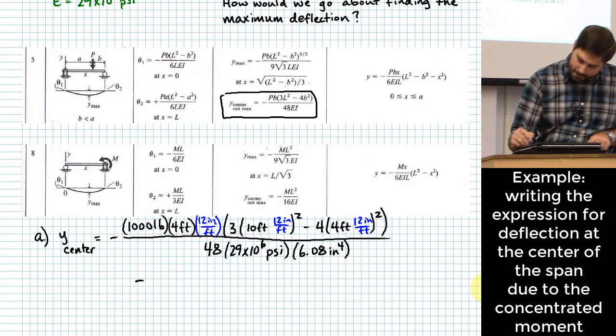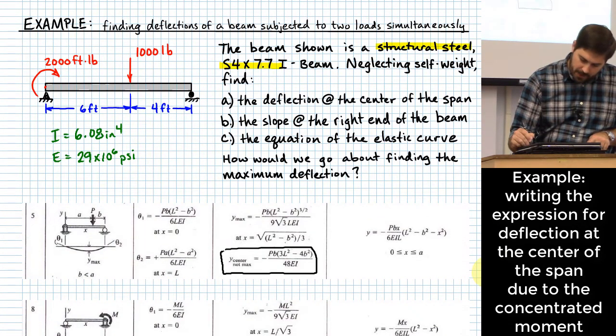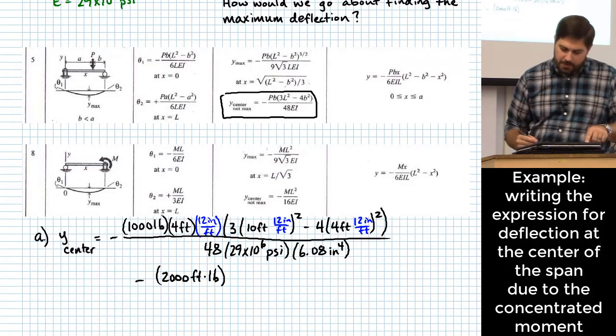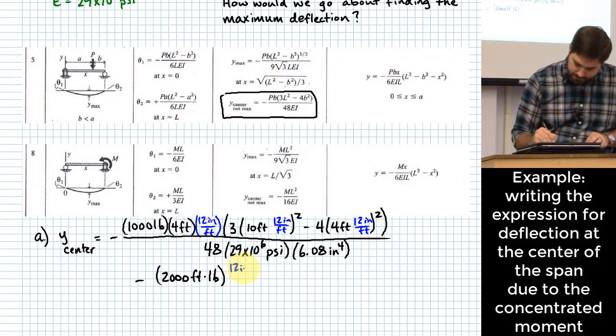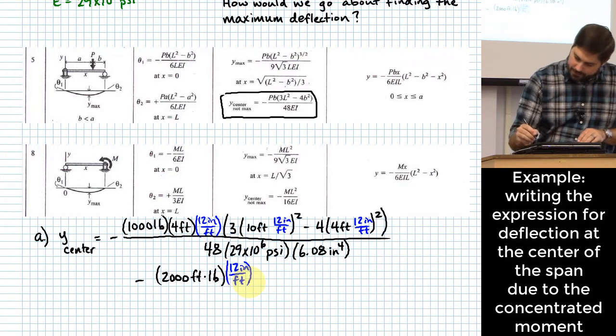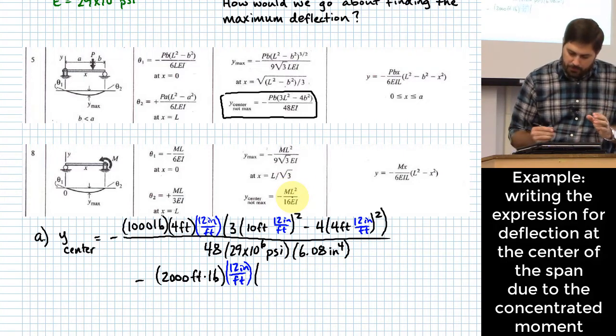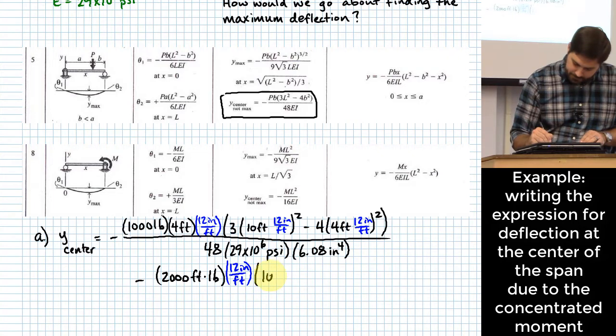What's m? 2,000 foot-pounds. Let me deal with those feet right away. What's L? L is 10 feet, 6 foot plus 4 foot, again times 12 inches per foot, and that's going to be squared.